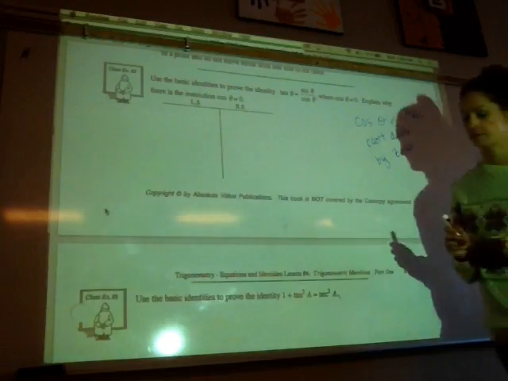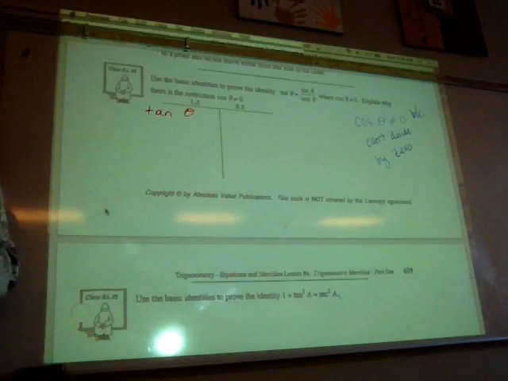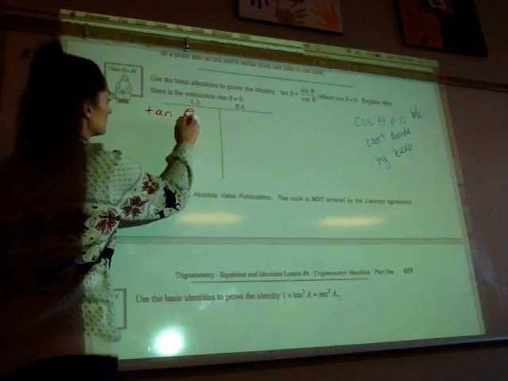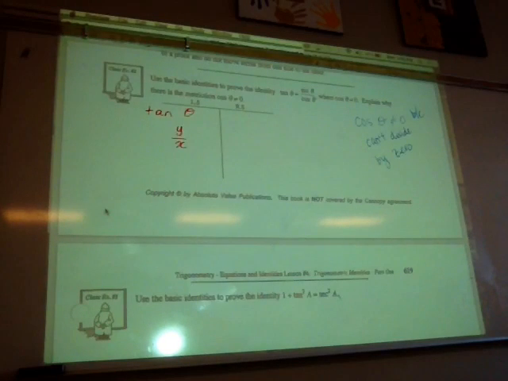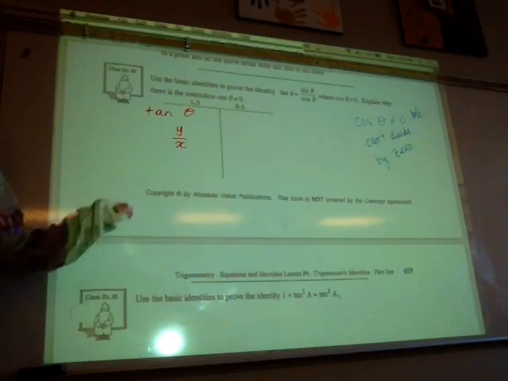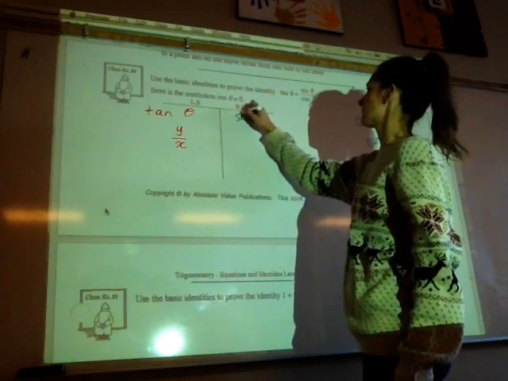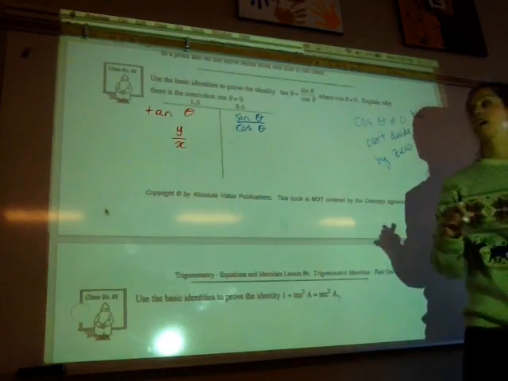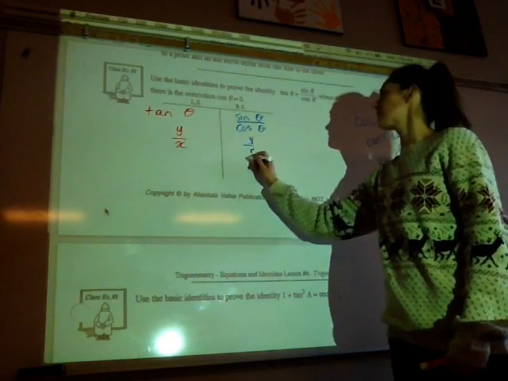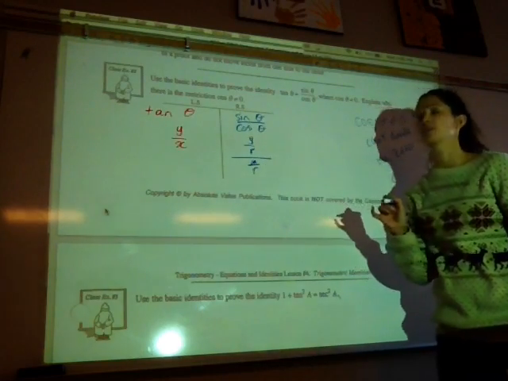So let's start with tan theta. Basic identities. Well, tan theta equals opposite over adjacent, so y over x. Nothing else we can do to that. That's the basic identity. Now let's go to the right-hand side. Sine theta over cosine theta. Well, the identity for sine would be opposite over hypotenuse, and the identity for cosine is adjacent over hypotenuse, x over r.